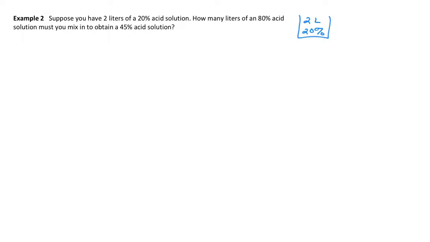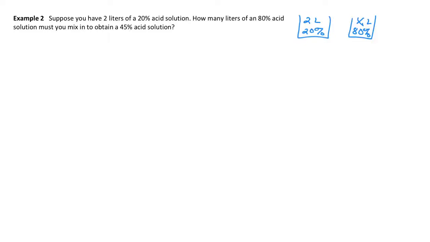And to do this, I'm going to pour in some number of liters of this 80% acid solution. So the reason this is different is because we have 2 liters of this 20%, but then over here it's like we have as much of this 80% acid solution that we need. I know it's 80%, I just don't really know how many liters I'm working with. I'm pouring this into here in order to increase this from 20% up to 45%.